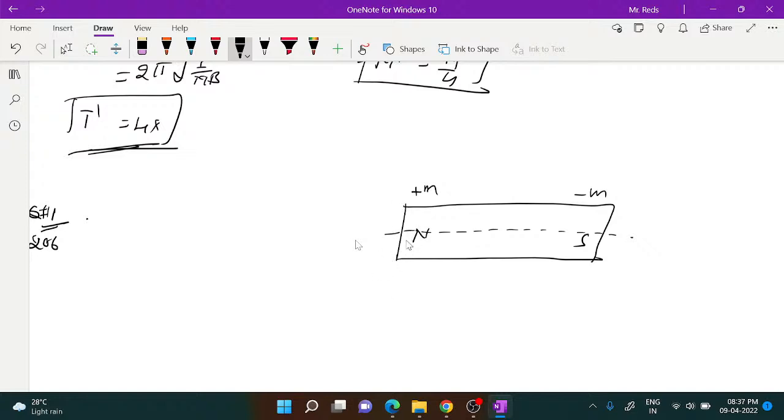4 times means you have to cut accordingly, so that you mark here 1, 2, 3, 4 times.